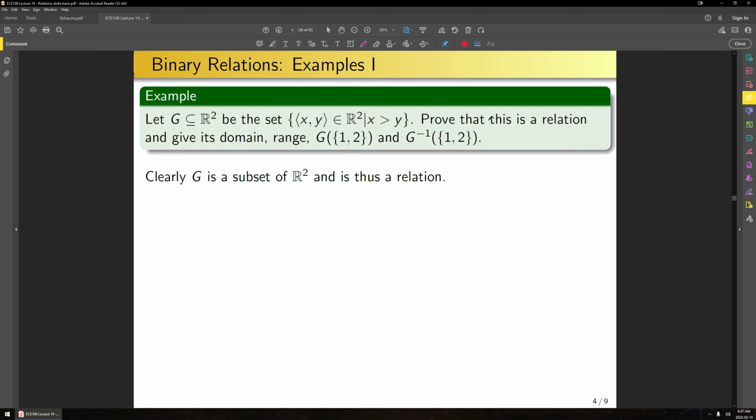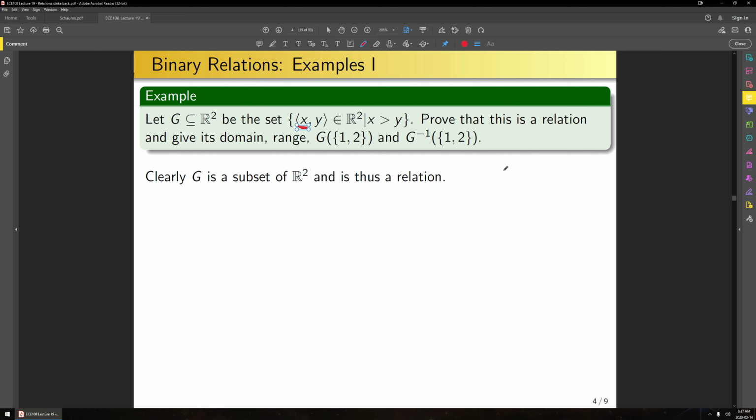Okay, so now what is the domain of this? Well, to answer the domain, I need to know all of the possible values of x that are sitting in here, right? And that sometimes is non-trivial. But if you look at this, I'm really just asking what x's can I put here to be greater than some y?